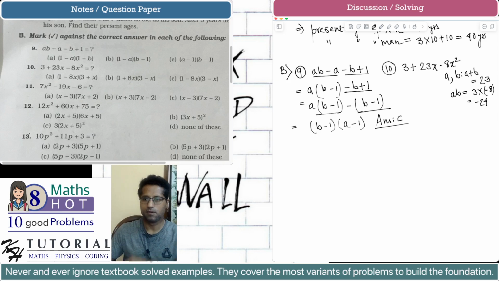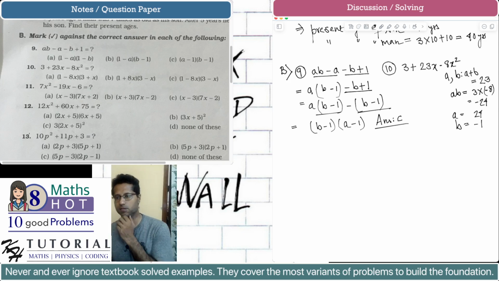So AB is equal to minus 24 and A plus B equals 23. So clearly we can see that A can be considered as 24 and B can be considered as minus 1. So their sum will be 23 and the product will be minus 24.